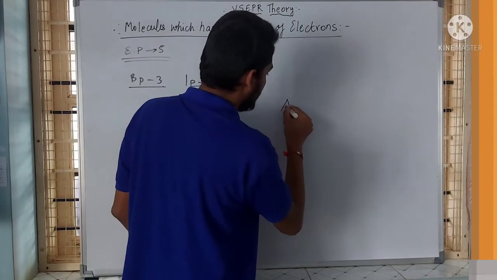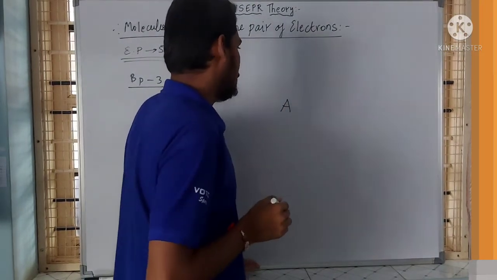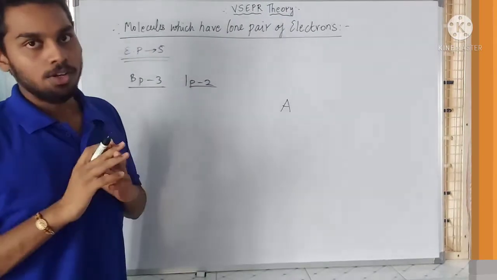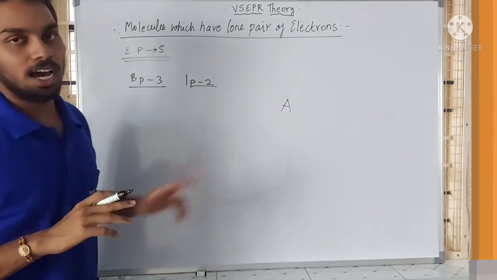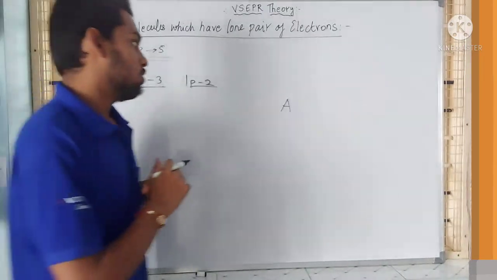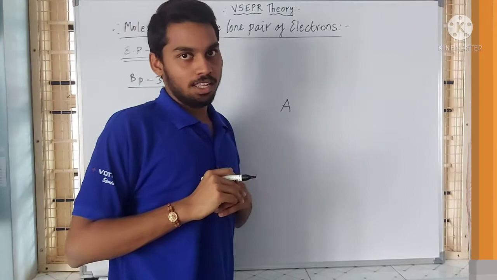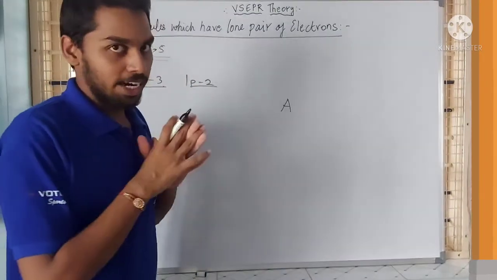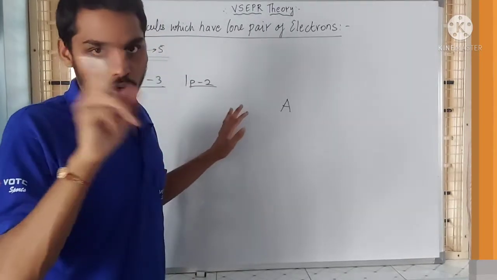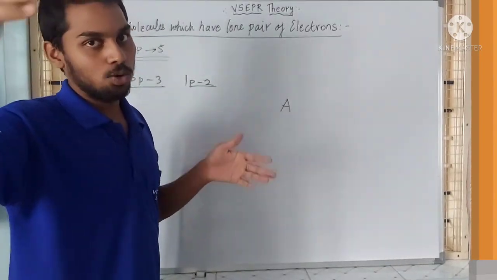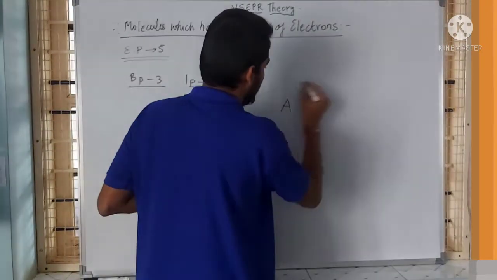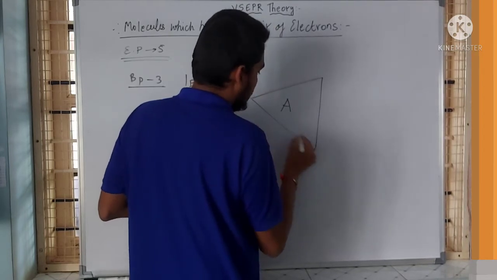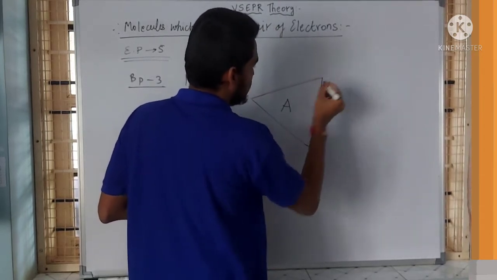So this is the central atom as usual. Now I need to accommodate 2 lone pairs and 3 bond pairs. I have to think in such a manner that the lone pairs are kept at a far distance from each other. So let me keep them at 2 corners of the equilateral triangle that we considered initially. Let me draw that equilateral triangle here, and let me keep one lone pair here, and this is the other lone pair.